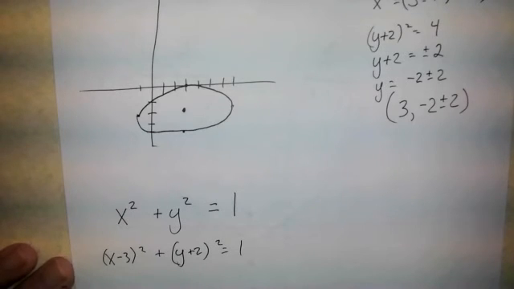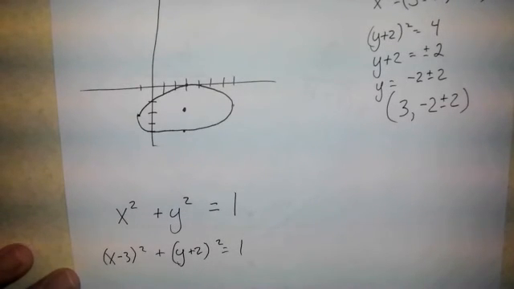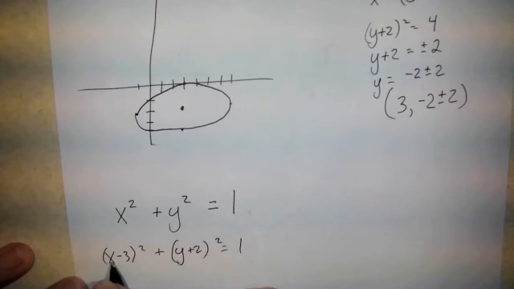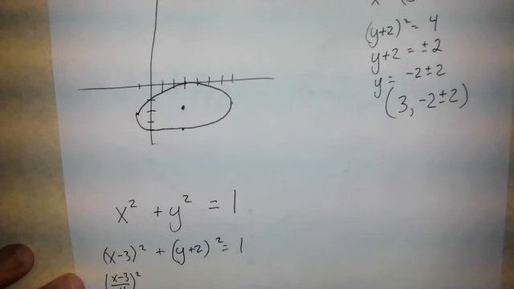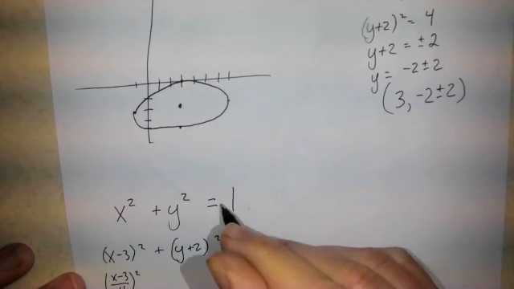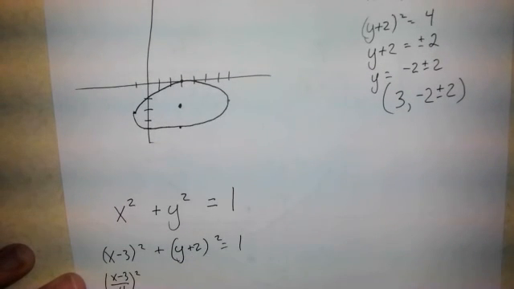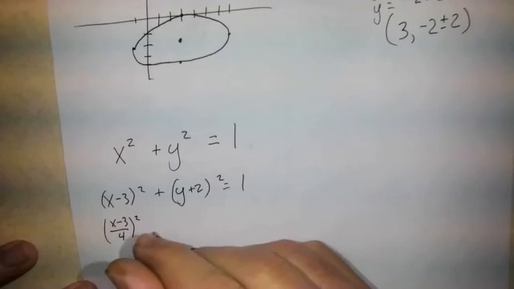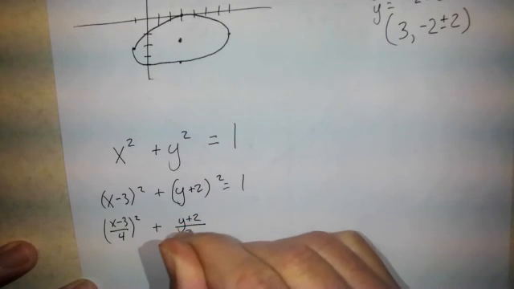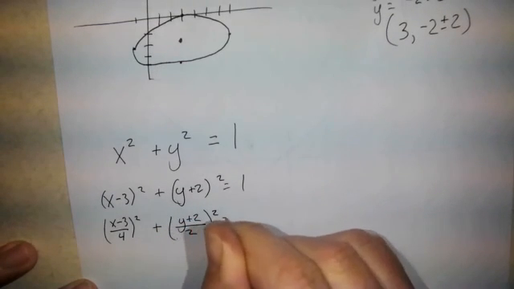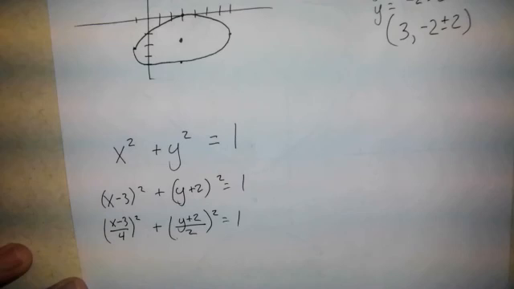And to get it to be an ellipse like this, we dilate it differently in each direction. I'm going to replace x minus 3 with (x - 3) over 4 before I square it. That is a horizontal dilation by 4. So instead of having a radius of 1, it now has a radius of 4 horizontally. And (y + 2) over 2 before I square equals 1 gives me a vertical dilation by 2.